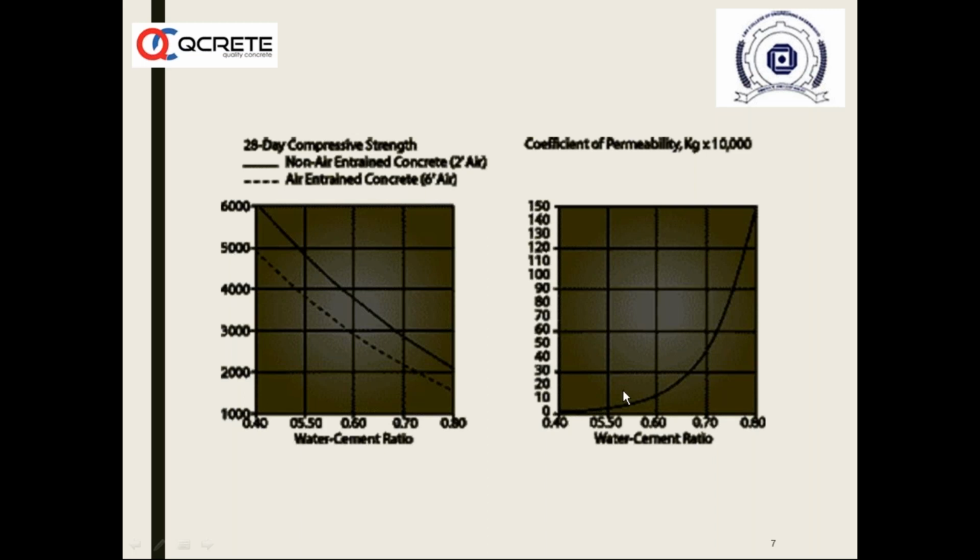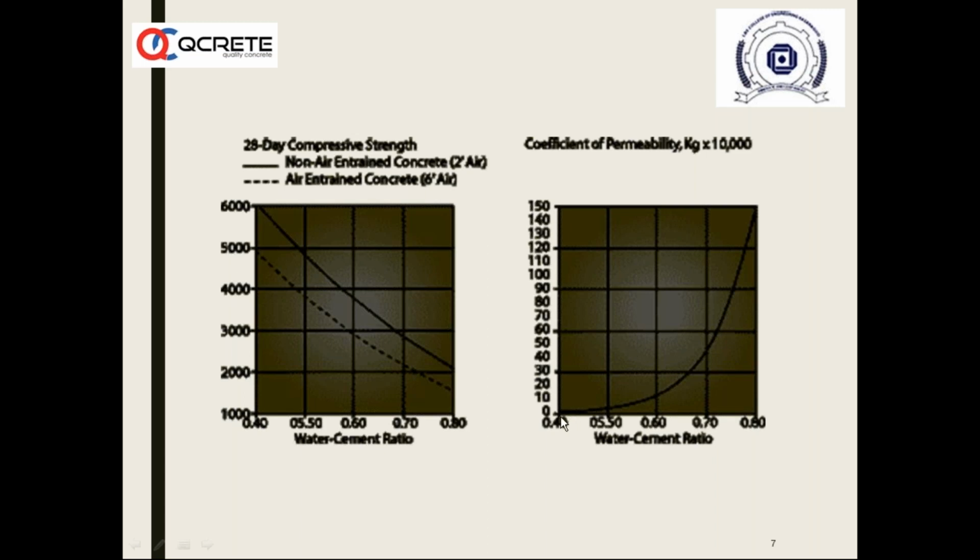The other curve, on the right hand side, shows that as the water cement ratio goes up, the permeability goes up. The ability of absorption of liquid and gases increases for the concrete as the water cement ratio increases.